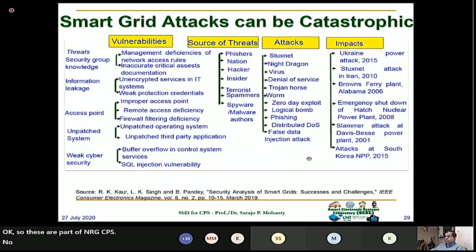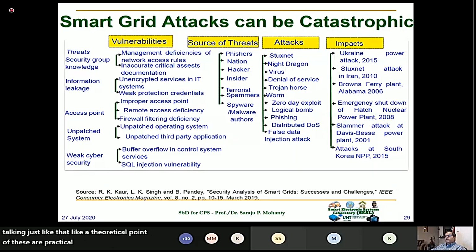Now, these are some examples of how energy CPS can be attacked, and some have happened. For example, the Ukraine 2015 attack, the Alabama 2006 attack, this 2008 attack, and another place, and so on. So I'm not talking just from a theoretical point of view.